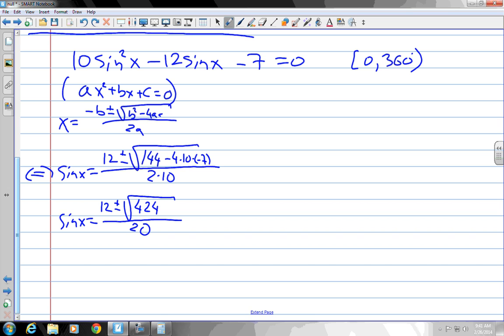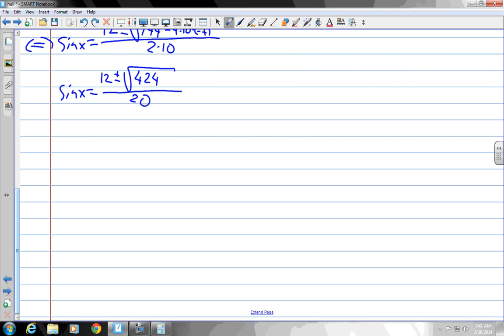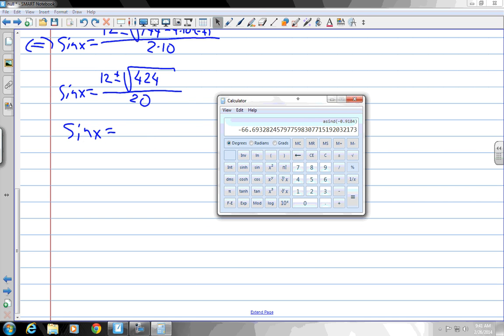I'm sure I can reduce it and simplify it, like pull a 4 out of the square root and reduce this fraction. But I'm just going to end up plugging it into the calculator anyway. So I'm going to do the plus and then the minus separately.